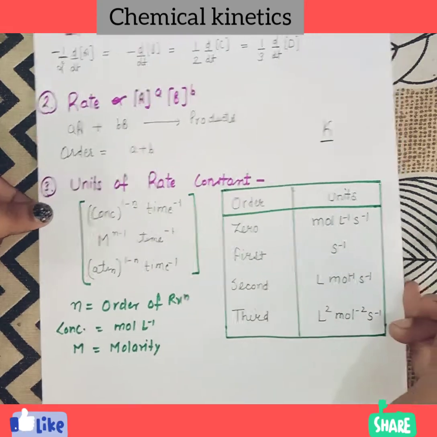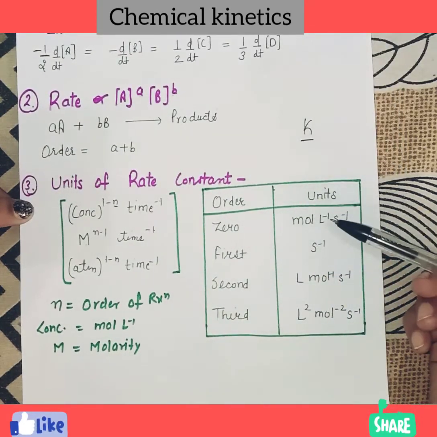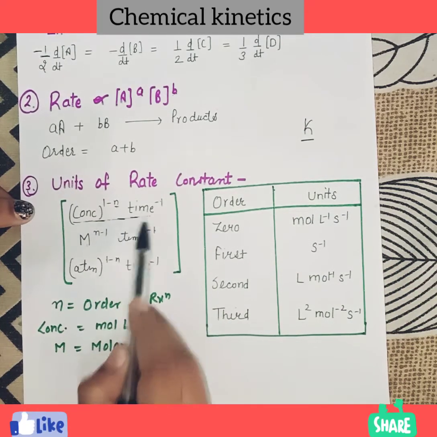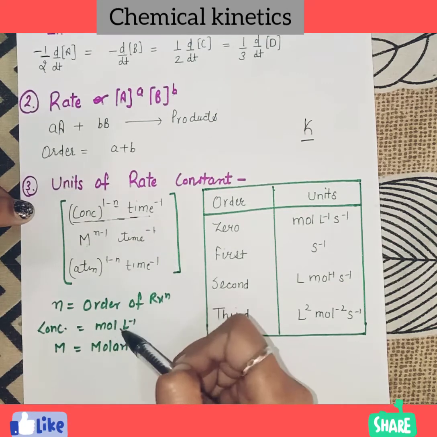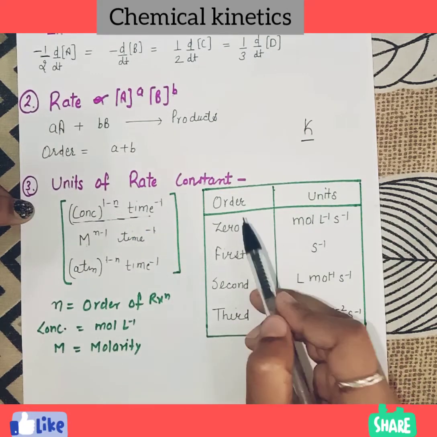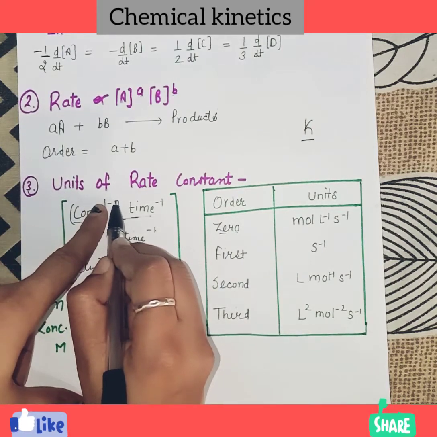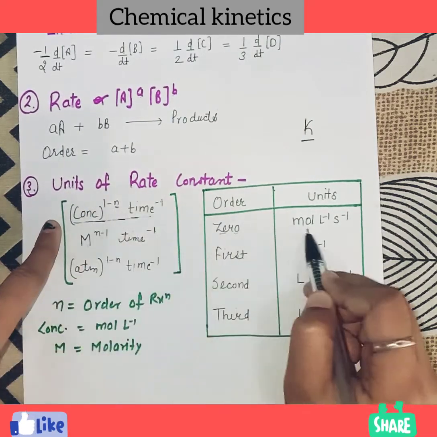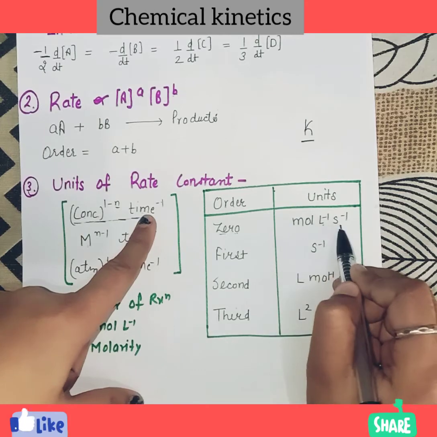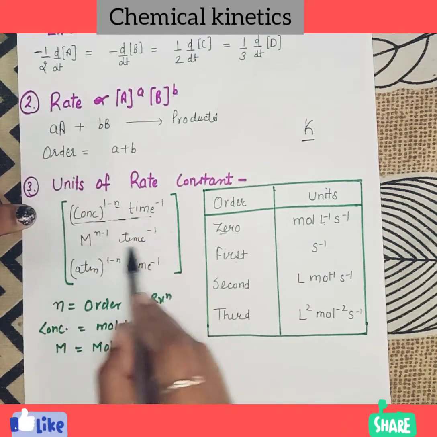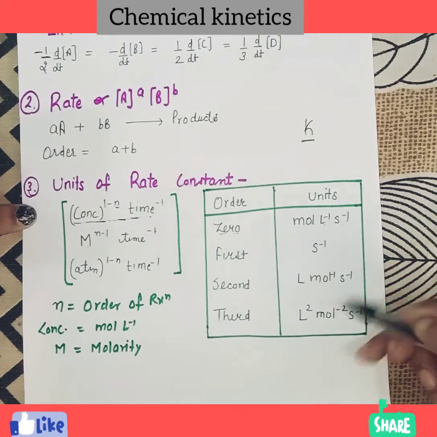So guys, here I calculate these units in the form of concentration per time or moles per liter per inverse time. So for zero order, if we put n value 0, then concentration is mole per liter and time unit is second, so per second. For first order, you can calculate any of the order units with this formula.